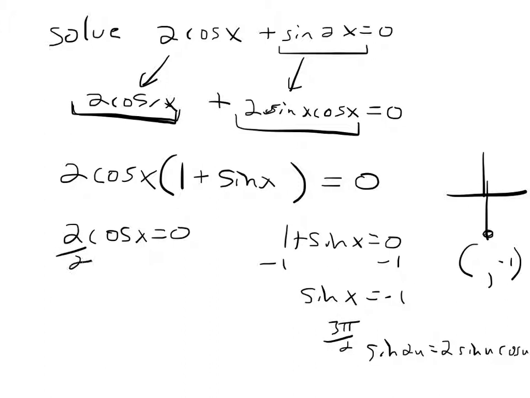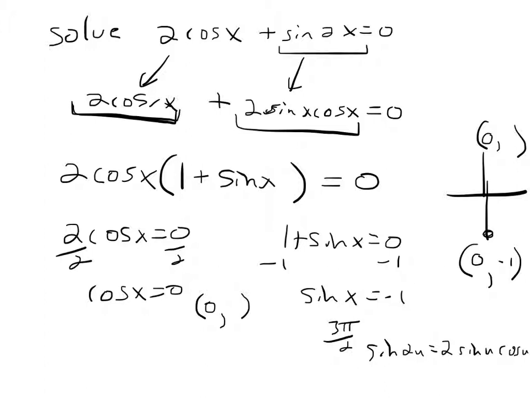And then divide by 2 and divide by 2. Cosine x equals 0. Where's the ordered pair that has 0 comma something? Well, there are 2 answers for that. One of them is up at 90 degrees, and one of them is down at 270 degrees.